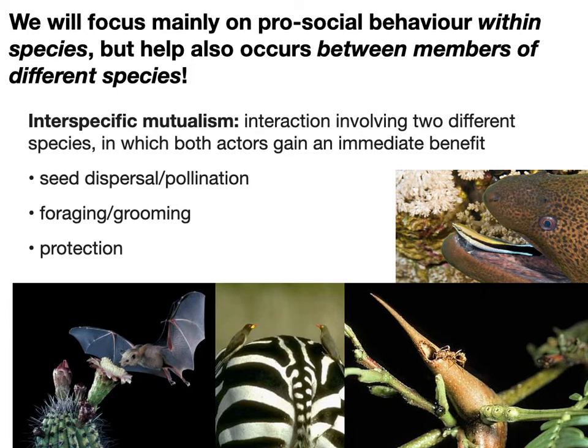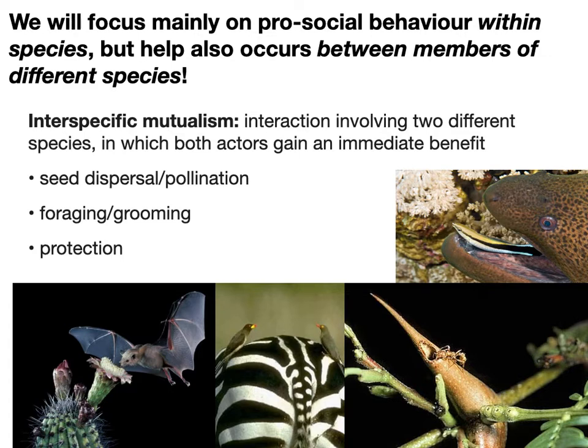In this lecture, we're going to mainly focus on helping and pro-social behaviors that occur within species, where members of a species are doing helping behaviors to their own species, but help also occurs between members of different species. In particular, interspecific mutualisms are interactions involving two different species in which both actors may gain an immediate benefit.